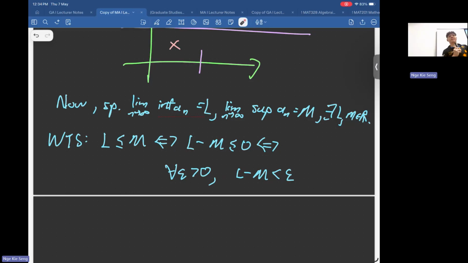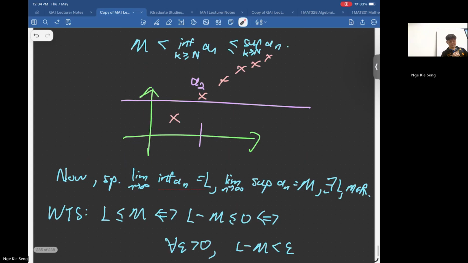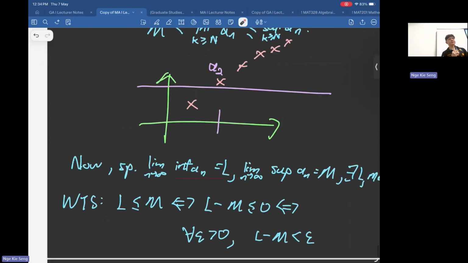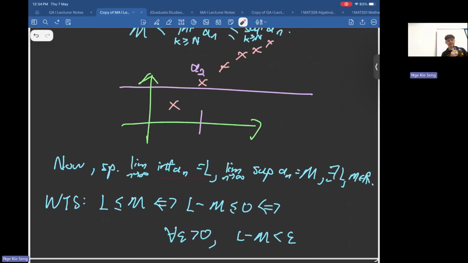What's your assumption about L and M? They are limits of certain sequences, right?